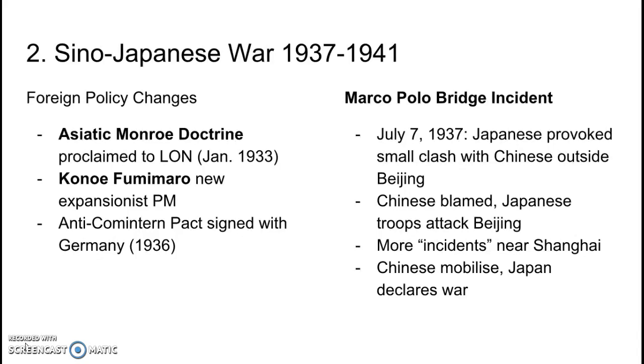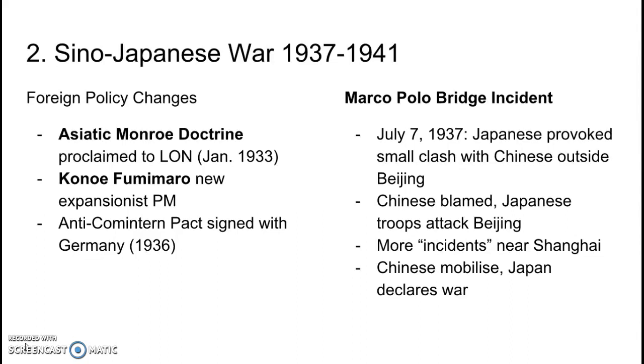Japan signed this anti-Comintern pact with Nazi Germany in hopes that the Soviet Union would have to face a two-pronged attack, with Japan coming in from the east and Germany coming in from the west. That doesn't really ever play out the way Japan had intended.